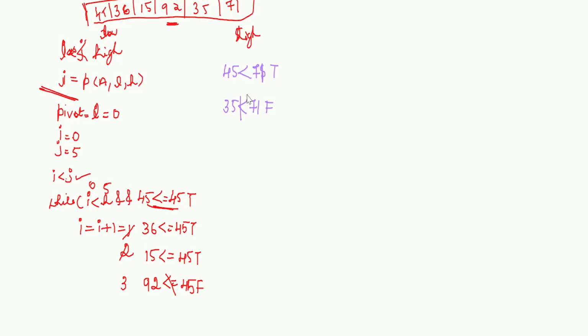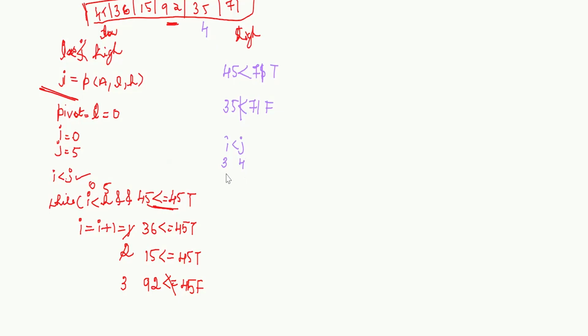Now, when both the while loops become false, the next thing we are going to check is whether I is still less than j. Of course, in our case, I value is 3 and j value is 4, which means now we have to swap the values of I and j.